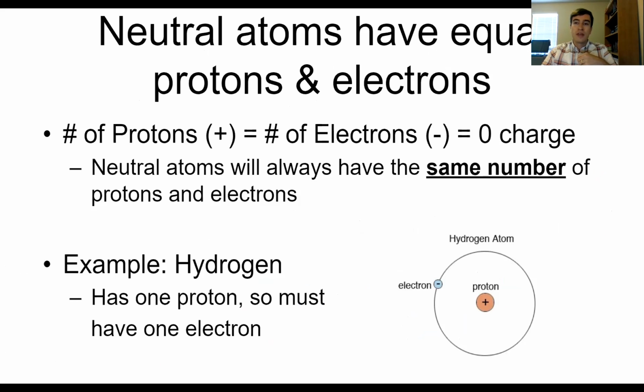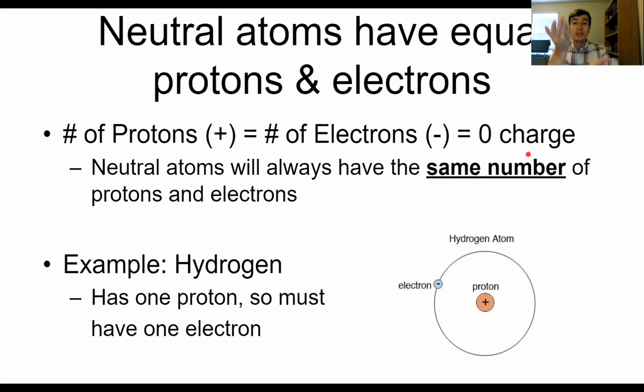So the atoms that we're going to be looking at in this class are what are called neutral atoms, meaning that they have equal numbers of protons and electrons. We mentioned that protons have a positive charge and electrons have a negative charge. So in neutral atoms, we want atoms with no charge.